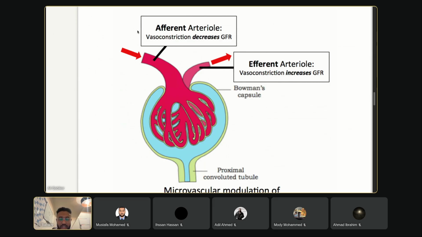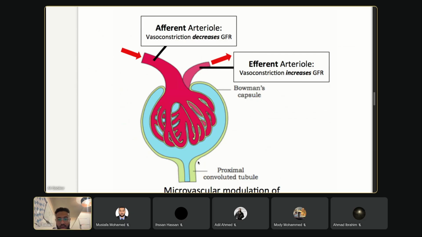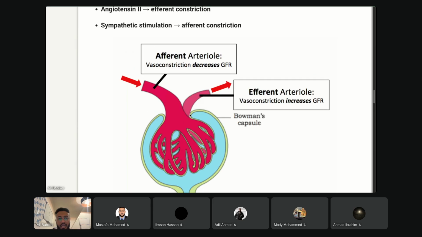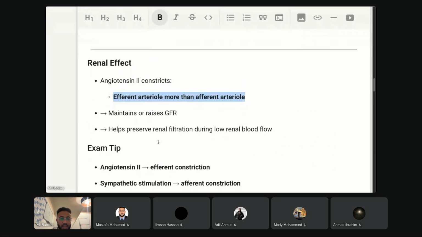The word afferent means coming in, and efferent means leaving. So this is the afferent arteriole around here, and this is the efferent arteriole around here. And this is the glomerulus, and I just showed you the image of juxtaglomerular. That's the endothelial cell close to the glomerulus. Juxta means close, okay?